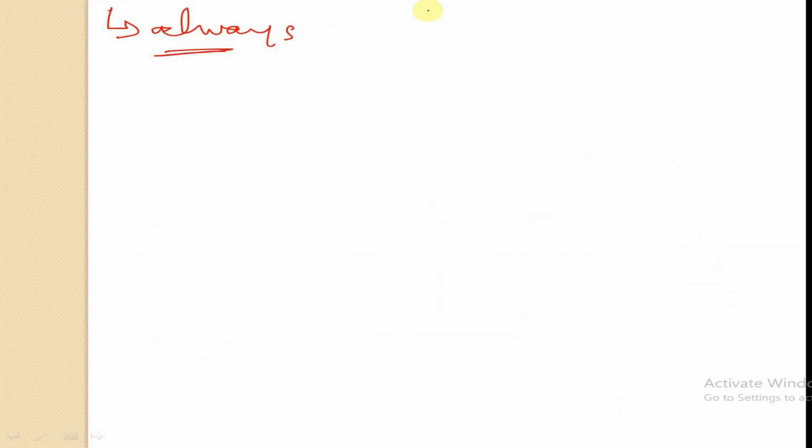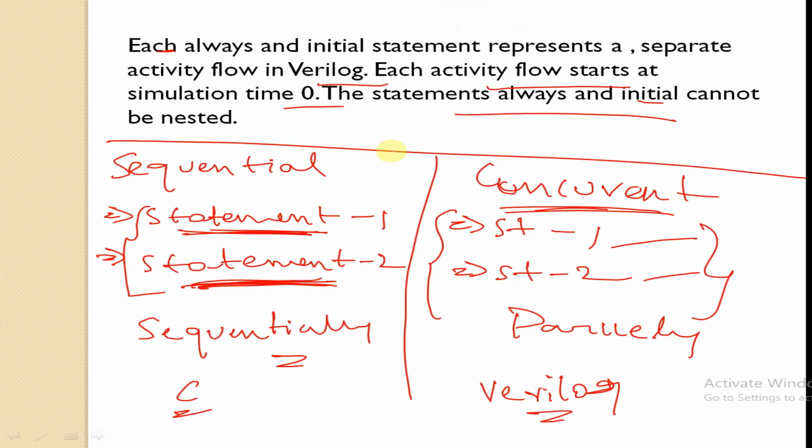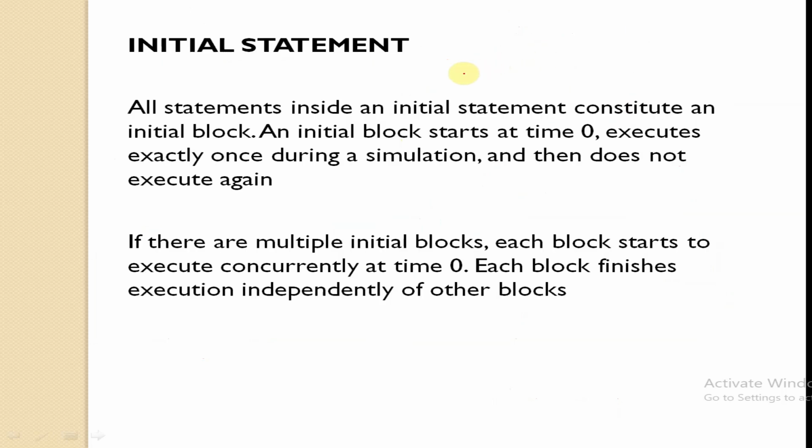Whether always or initial, these two statements will start at 0 time units. The statements always and initial cannot be nested. We cannot use initial within an always block, or always inside an initial block. We cannot nest them. So let us start with the initial statements.